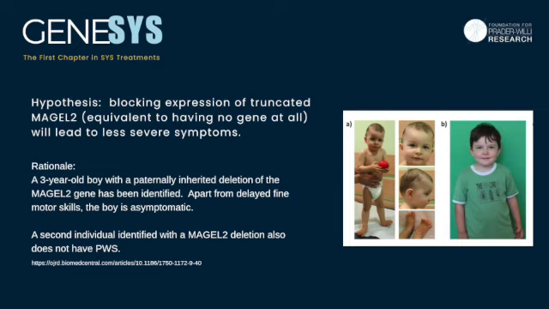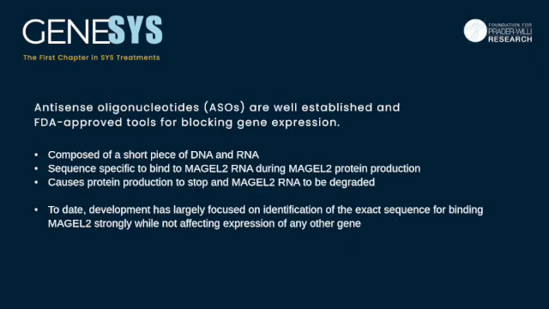Probably the best known is Huntington's disease. That is also where a mutation causes the protein to be in the wrong place and do the wrong thing. And if you get rid of it, you actually have a better clinical situation than if it's present and mutated. So this has led us to think about what we can do to eliminate that truncated, mutated MAGEL2 protein in individuals with Schaaf-Yang syndrome.